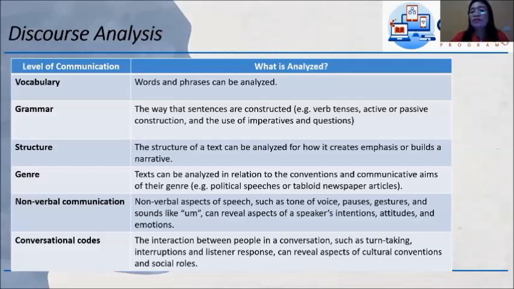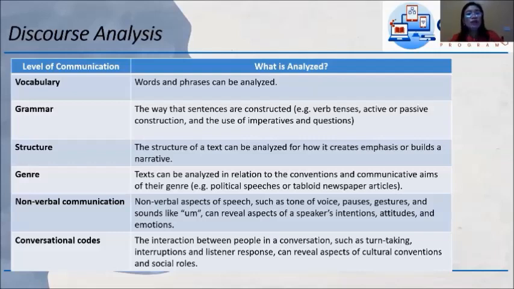For example, verb tenses, active or passive construction of sentences, the use of imperatives and questions, and also the different parts of speech are being analyzed. Okay? So in terms of structure, the structure of a text can be analyzed for how it creates emphasis or builds a narrative.